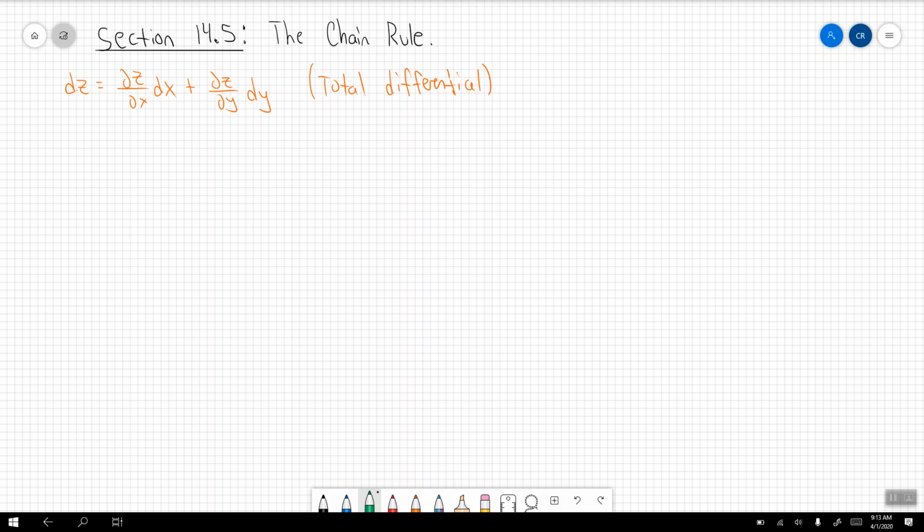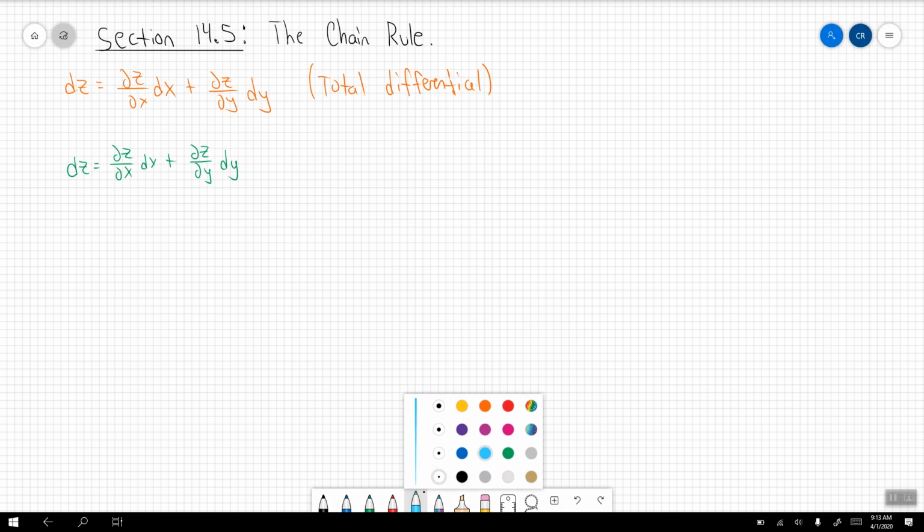So, taking into consideration what we're looking at here, that the total differential is, once again, written by this particular equation, what we can do now is work with the differential and divide by the differential with respect to t on both sides.